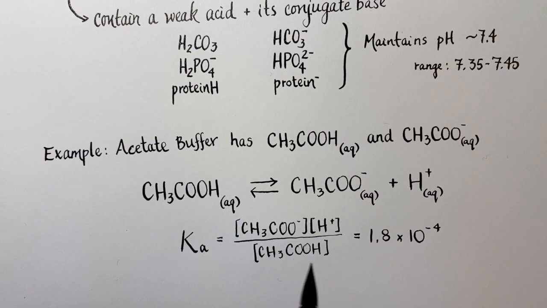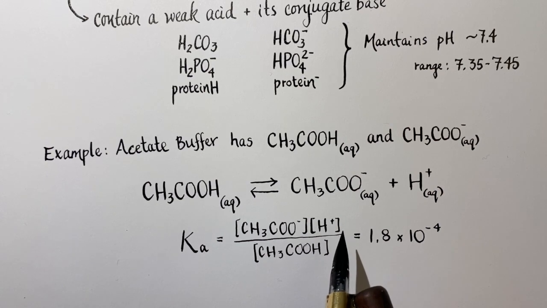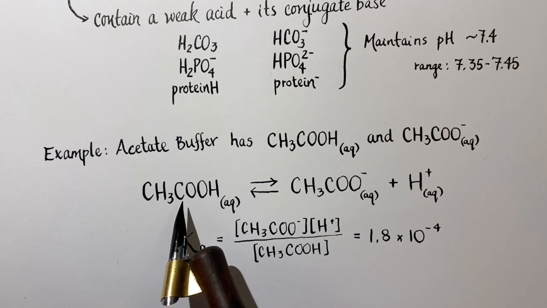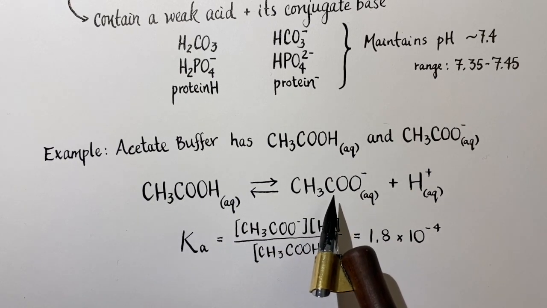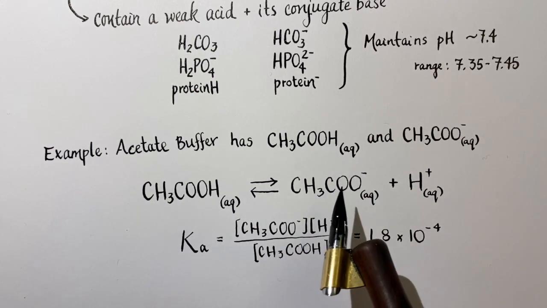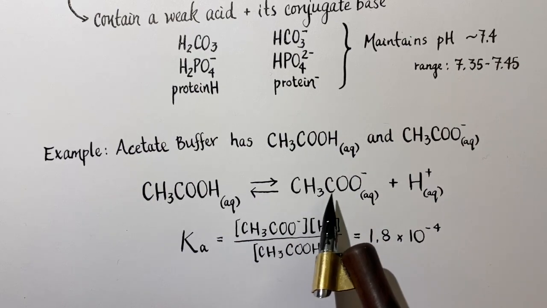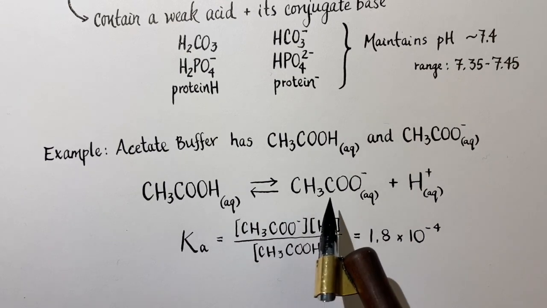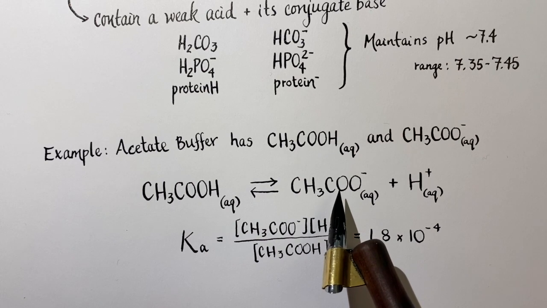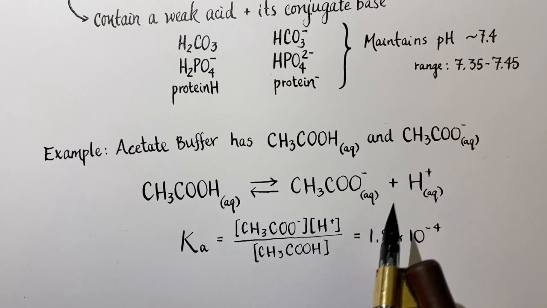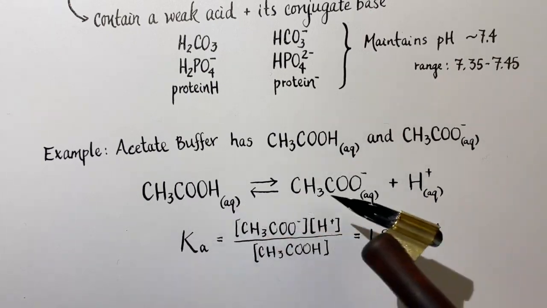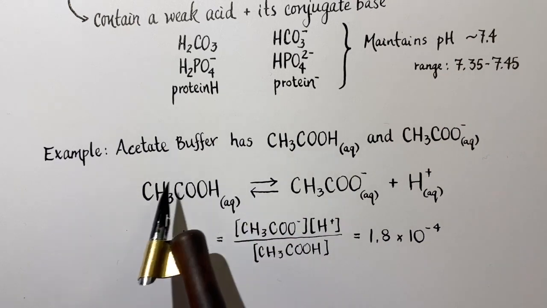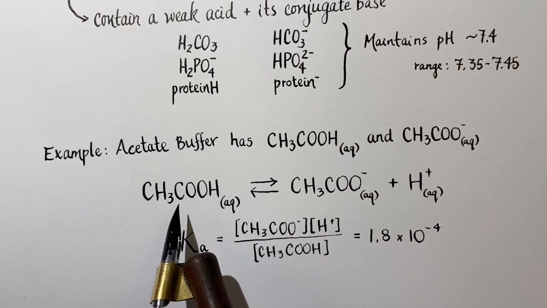So from this, I wanted to point out that in a buffer, we've got weak acid and conjugate base, and adding in that conjugate base with the acid is an example of LeChatelier's principle, where the conjugate base is added in and shifts the equilibrium back towards the acid.